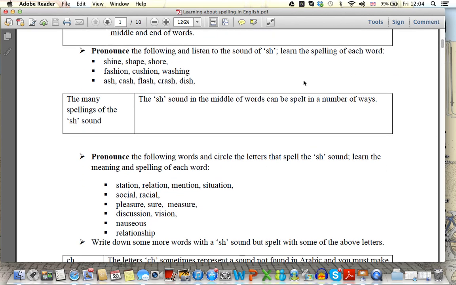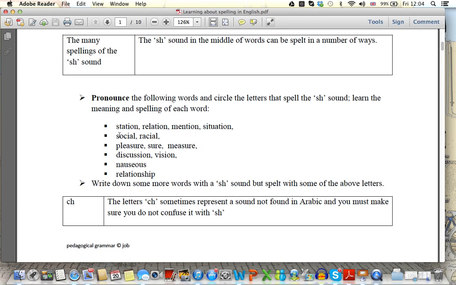The problem, however, is that this sh sound is not always represented by just the sh letters. And when we look at some examples here, we find, for example, station, relation, mention, situation, where the sh sound is spelled with a ti.